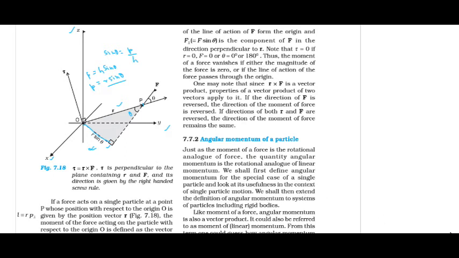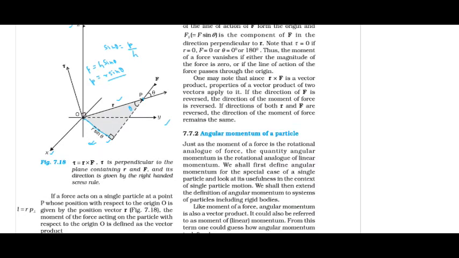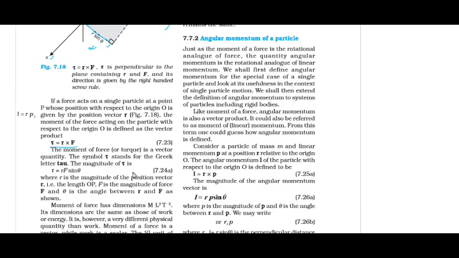Now let us see. It is said that torque is the cross product of position vector r and F, where r is the position vector of point P and F is the force exerted. The moment of force or torque is a vector quantity. The symbol tau stands for the Greek letter tau.